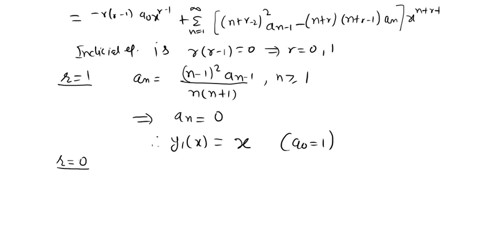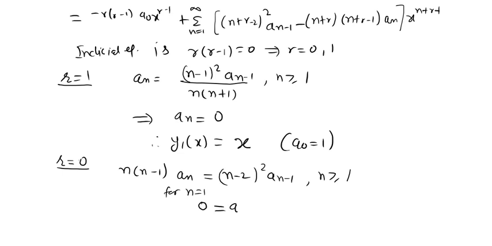Let me check first. If r equal to 0, then the recurrence relation gives you (n minus 1) an equal to (n minus 2) square a(n minus 1), for n greater than or equal to 1. So for n equal to 1 you get 0 equal to a0.